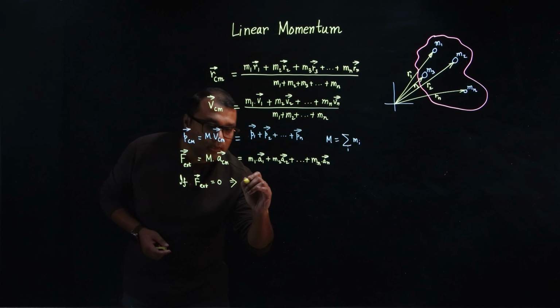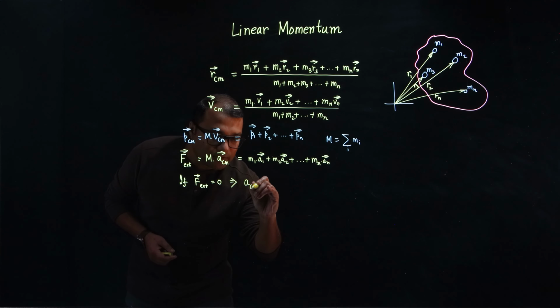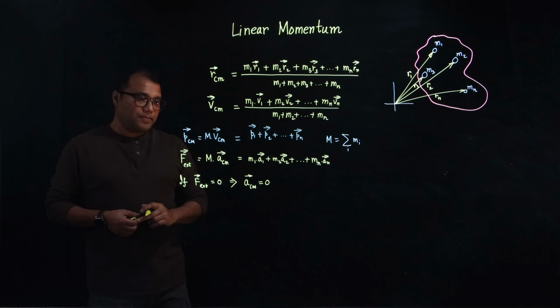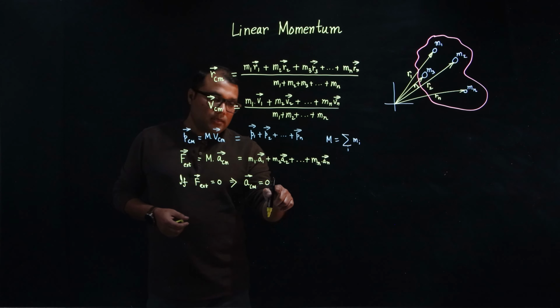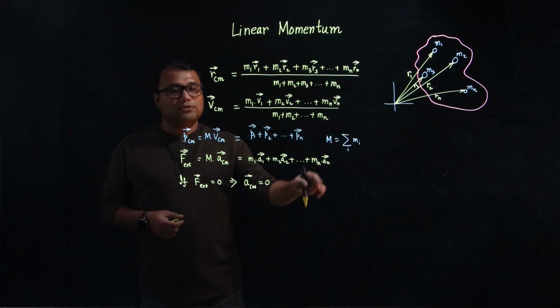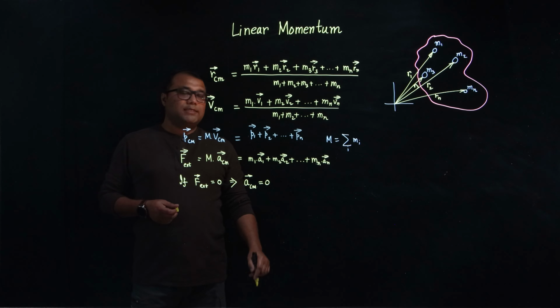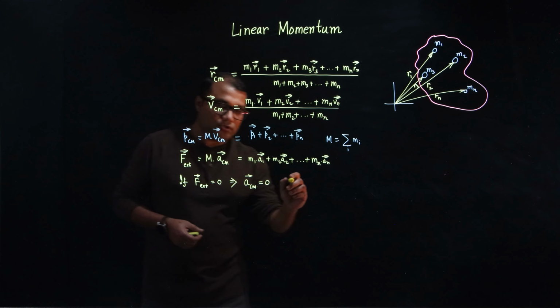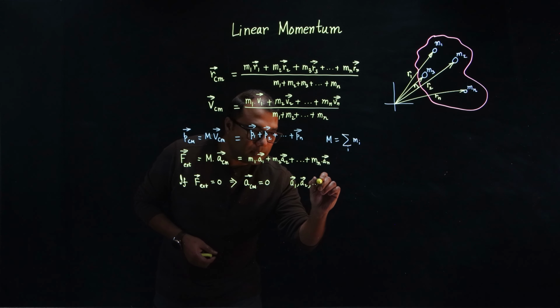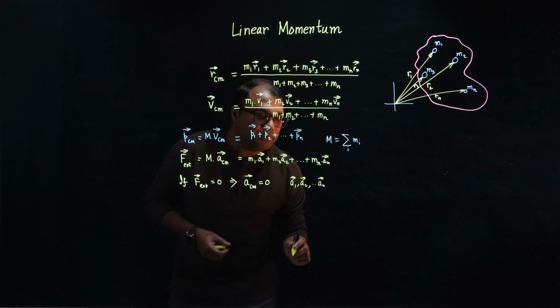We can infer that acceleration of center of mass is 0. Okay, but it does not mean that the individual accelerations of the discrete masses that make up the system is 0. It does not mean a1, a2, a3, an, they may not be 0.